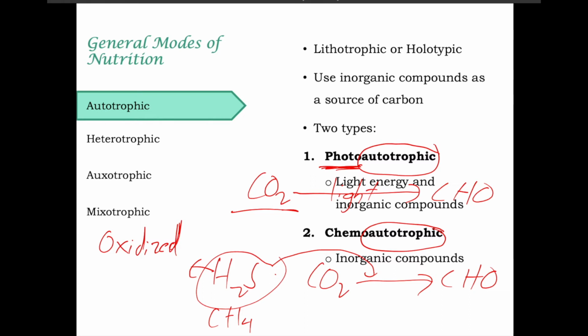So you use the electrons from this energy source, your methane and hydrogen sulfide, to fix that carbon dioxide into sugar. That's what these chemoautotrophic organisms are doing.